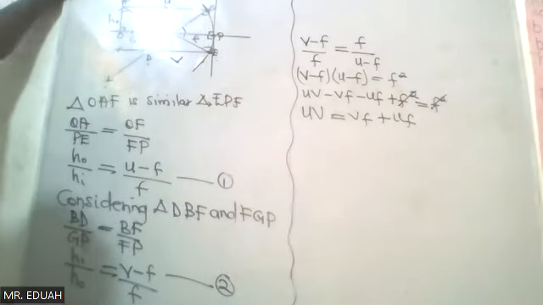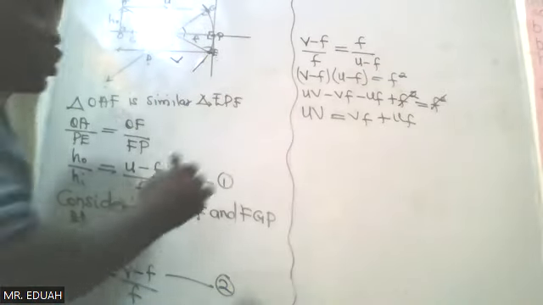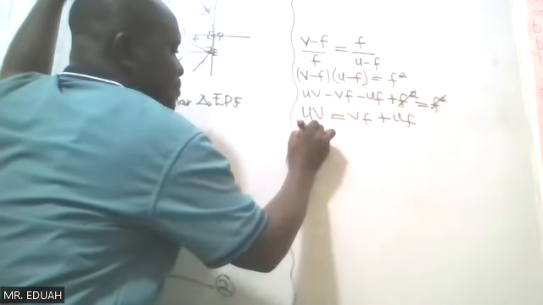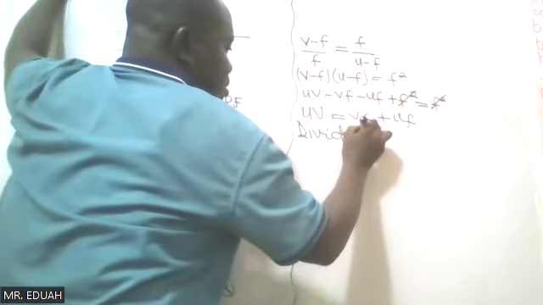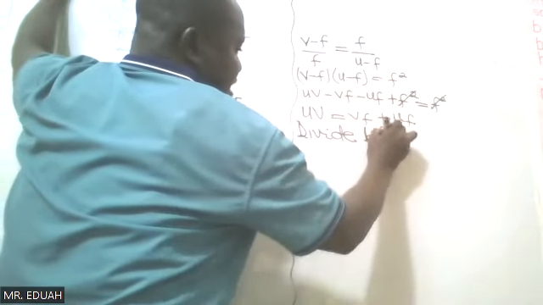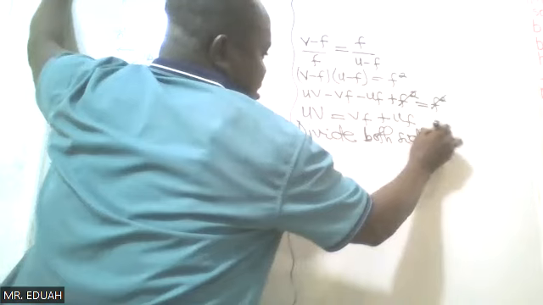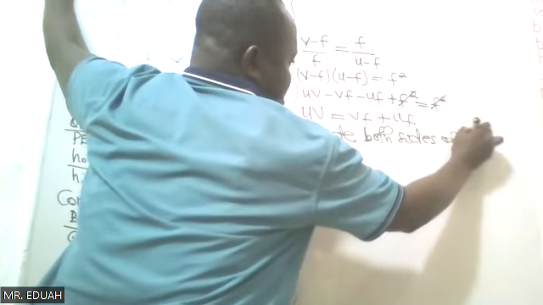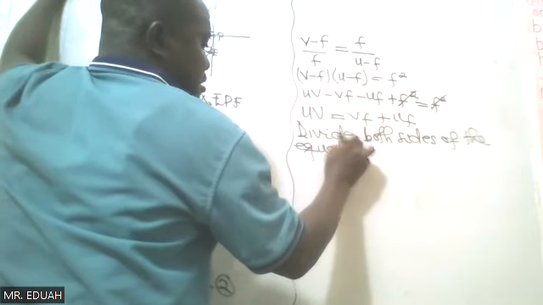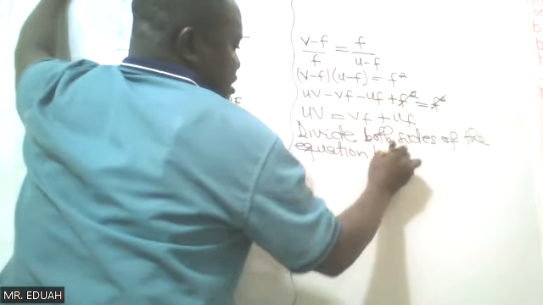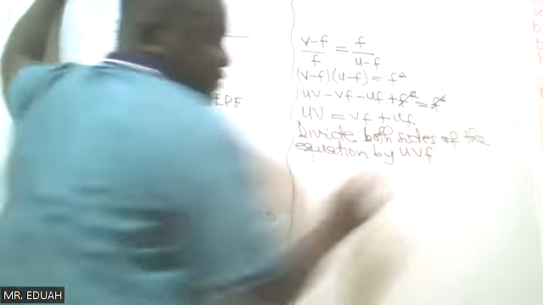Because we want to create a general equation, we divide both sides of the equation by UVF.